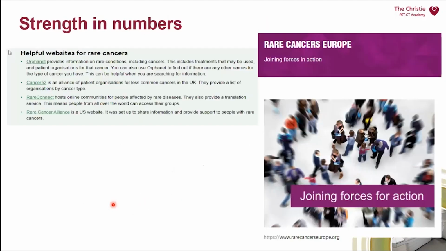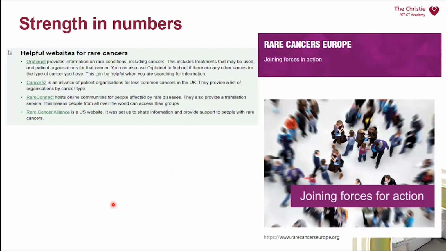There's also strength in numbers. So what I mean by this is that whilst individual rare tumours are rare, rare tumours as a whole aren't actually rare. If you group together all the different types of rare cancer, they actually account for almost a quarter of all cancers.